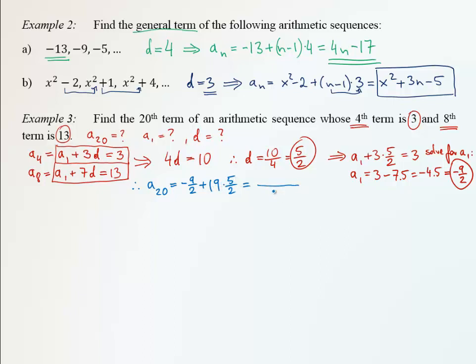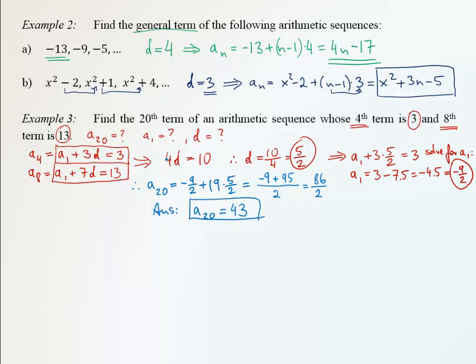So under a common denominator we'll have 95 here and minus 9 over there. Therefore, 95 minus 9 is 86 over 2. So the final answer is a20 equals, we can divide this to get 43.